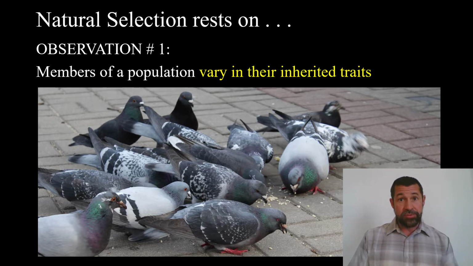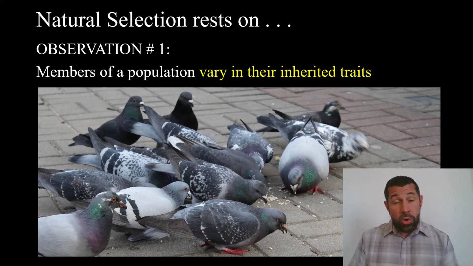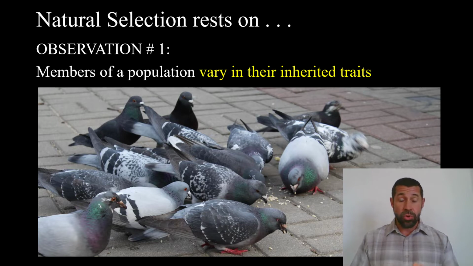The first observation that Darwin makes about nature is that when we look at a population of organisms, and recall that a population is a localized group of individuals of the same species that are capable of interbreeding, we find that individuals vary in their traits.